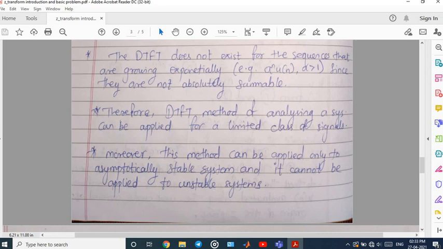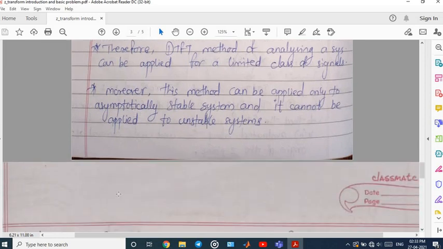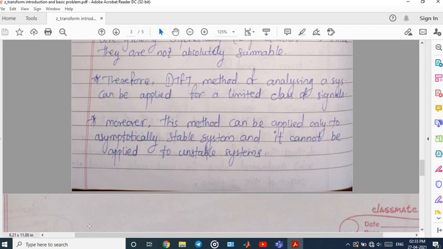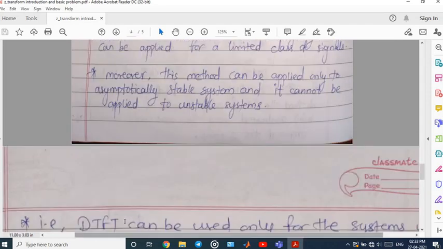Asymptotically stable systems include stable or marginally stable systems. There are three types: first is stable, second is unstable, third is marginally stable.